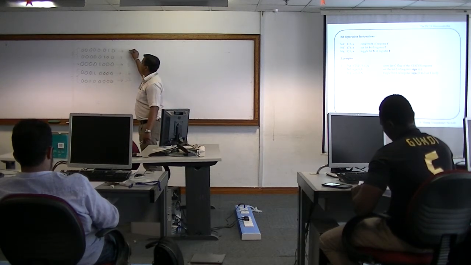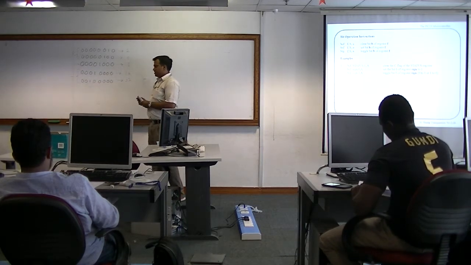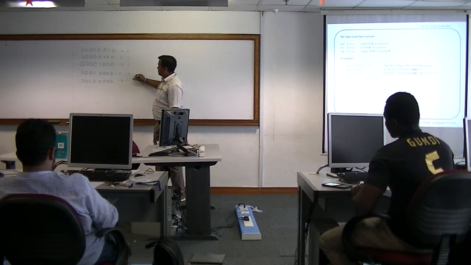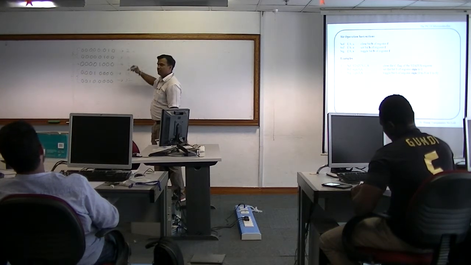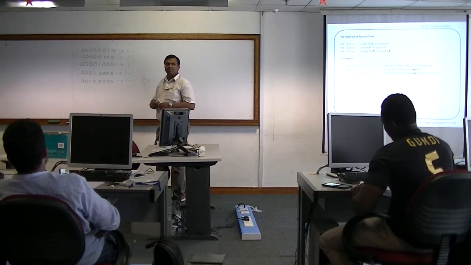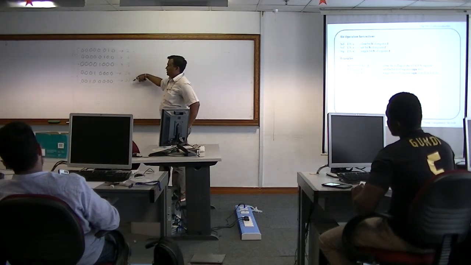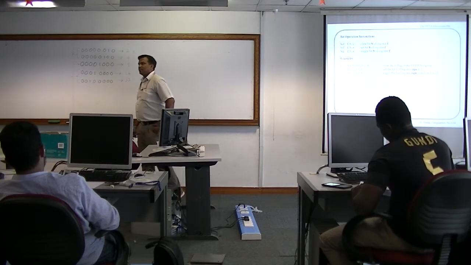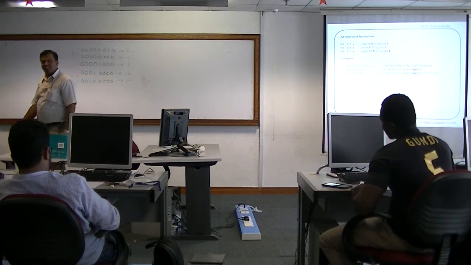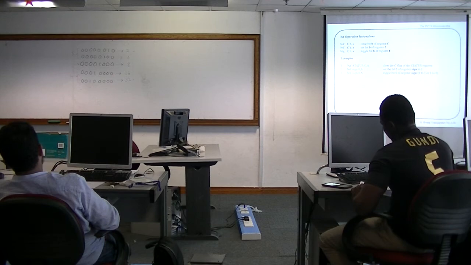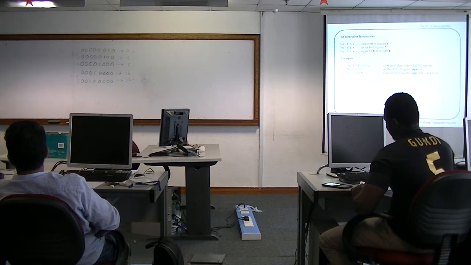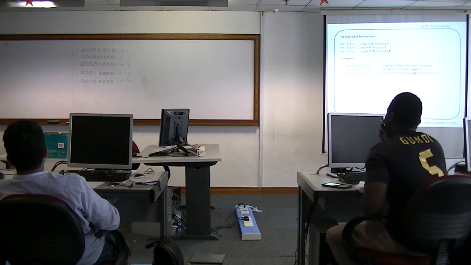What is this one? 2. What is happening here and what is happening here? What's happening when you rotate? I know the value is getting bigger. What is the relationship?